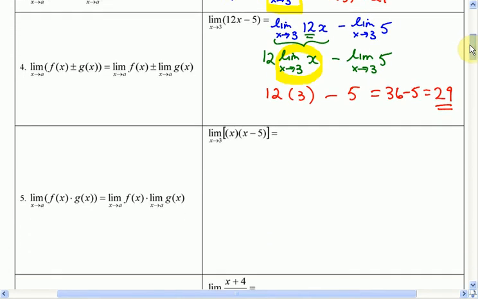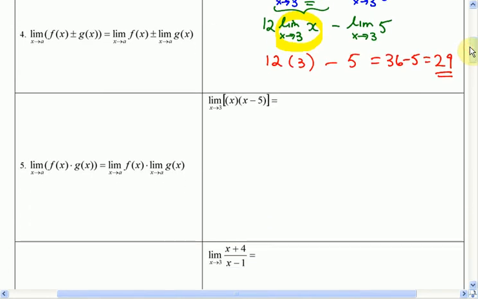Just like addition and subtraction, there are laws for multiplication, and then of course division. Same idea with multiplication. The limit of two things multiplied together is just the limit of those individual things multiplied together. In this particular example, I'm going to ask you to break this up. This is the limit as x approaches 3 of x, and that's the first part. And you're going to multiply that by the limit as x approaches 3 of the function x minus 5.